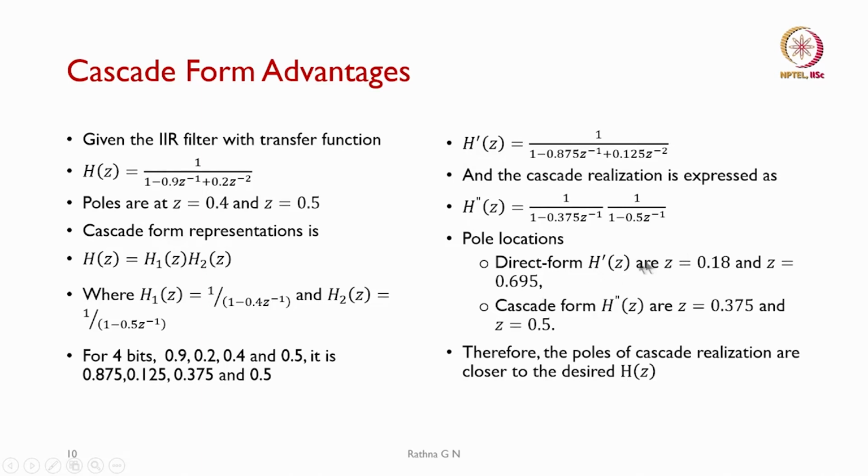You will see they are very far apart, whereas in the cascade form they are nearer to the values we wanted to represent. That is the reason why we use the cascade form compared to the direct form. You will see that the poles are nearer. The poles of the cascade realization are closer to the desired impulse response in the Z domain.